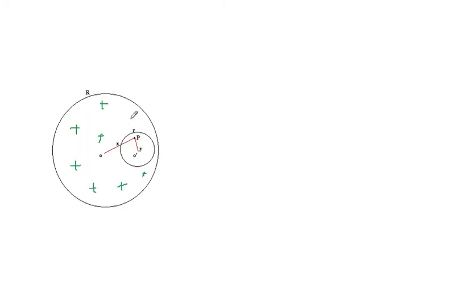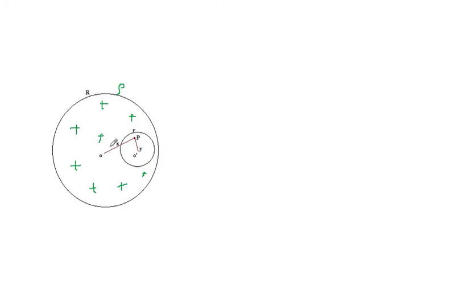I cannot draw many charges, so symbolically I am writing many plus charges inside. The charge density of this sphere is rho, and for such a situation, the potential at the point P, which is lying inside the cavity.